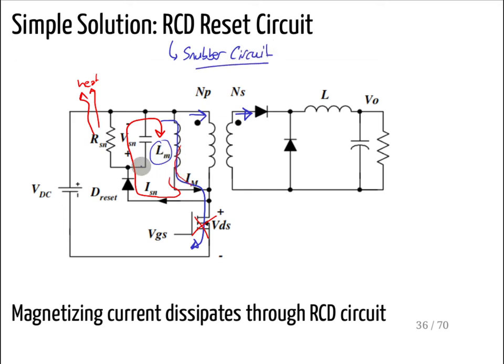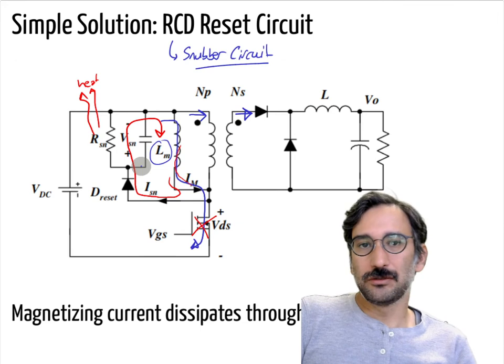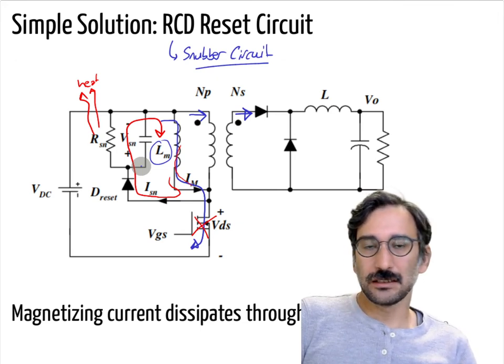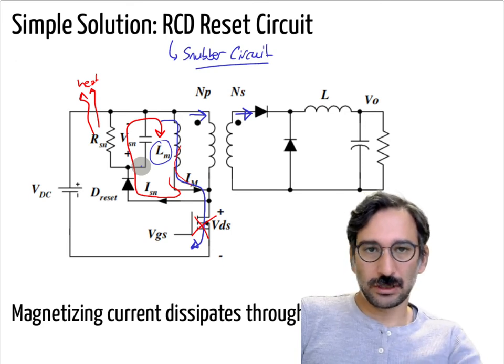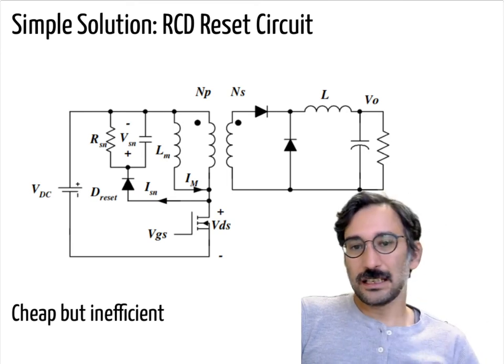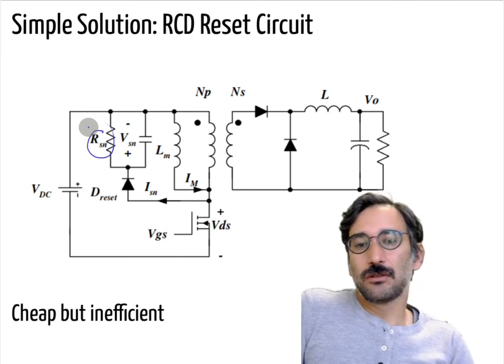So by using that kind of snubber, it will be possible to get rid of the excess energy in LM, and you can use non-ideal transformers in that circuit. But the disadvantage is it is inefficient. You are dissipating energy again.